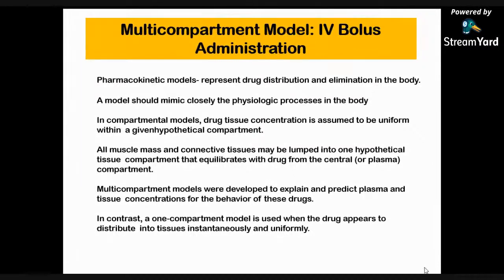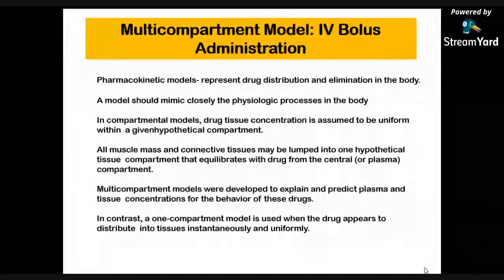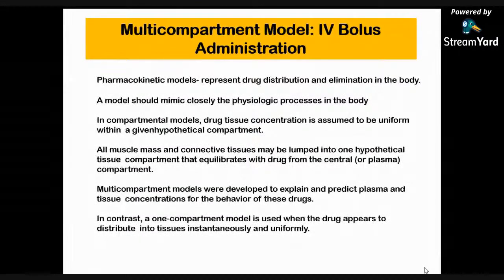So in compartmental models, drug tissue concentration is assumed to be uniform within a given hypothetical compartment. All the muscle mass and connective tissues may be lumped into one hypothetical tissue compartment that equilibrates with drug from the central or plasma compartment.